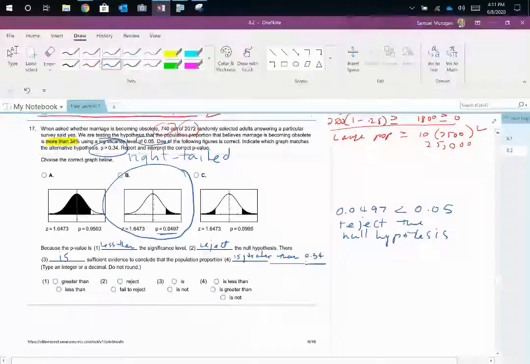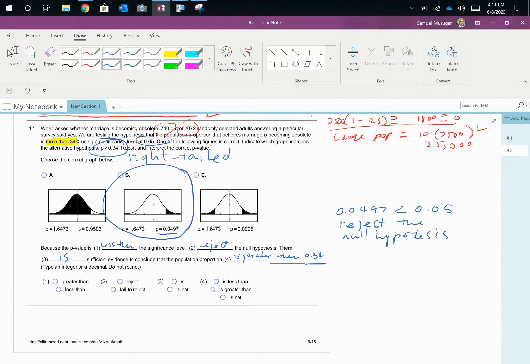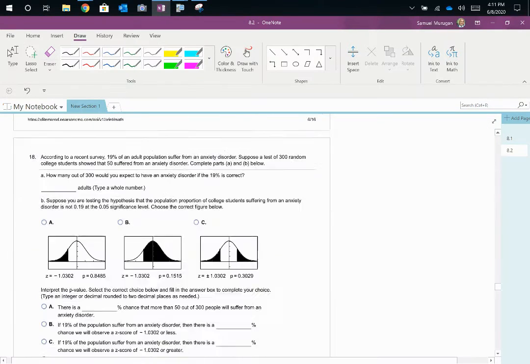In other words, because we rejected the null hypothesis, we now believe that there is enough evidence to conclude that the proportion is greater than 0.34. Right? We are rejecting the null hypothesis, so we're in effect agreeing with the alternative hypothesis.